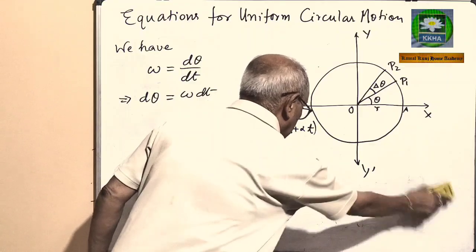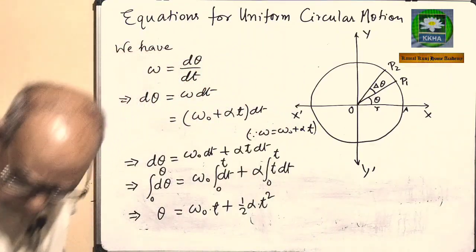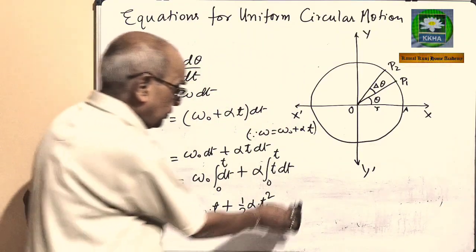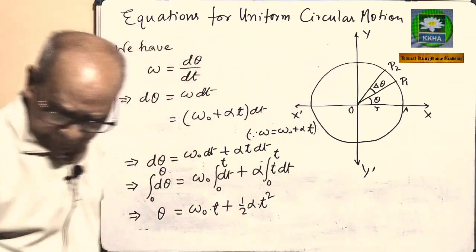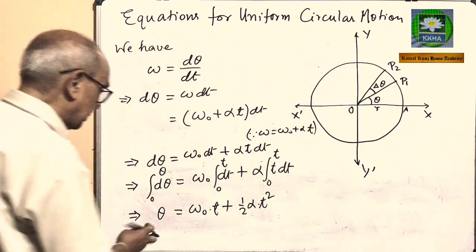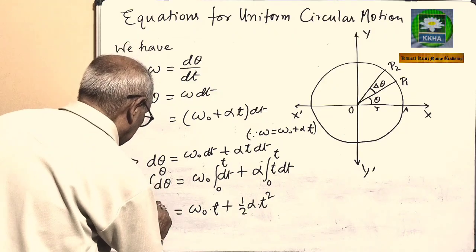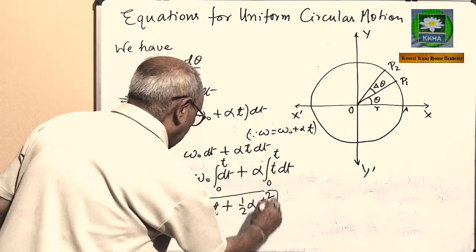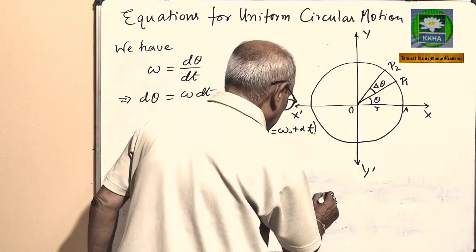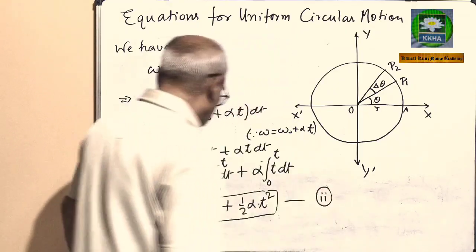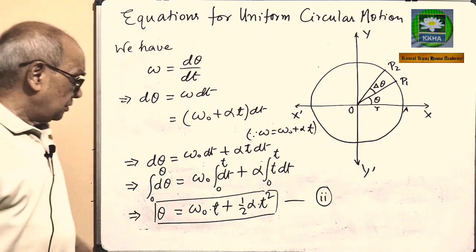This is the second equation for uniform circular motion.